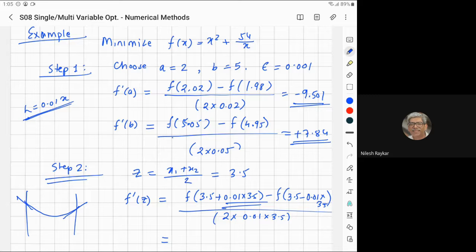What you are doing here is considering the function value at this point and the function value at this point, taking the difference of them and dividing by this width. What you are saying is, if this band is smaller, you should consider this band also smaller.